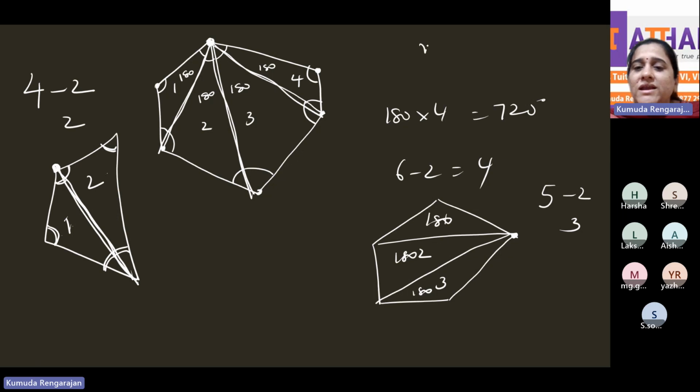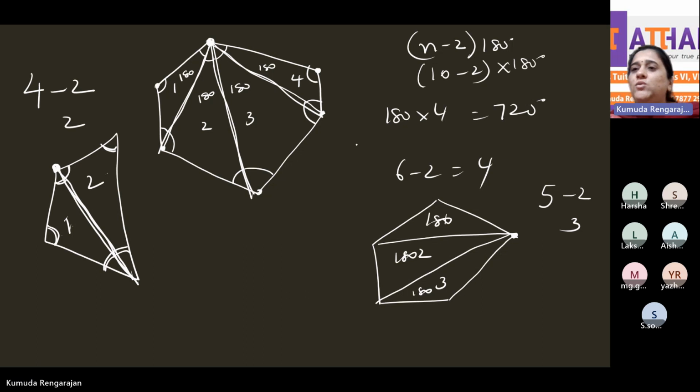The formula is n minus 2 into 180 degrees. So if the polygon has 10 sides, then 10 minus 2, 8 triangles are formed, into 180, because for one triangle the sum is 180 degrees. So for 8 triangles, 8 into 180.